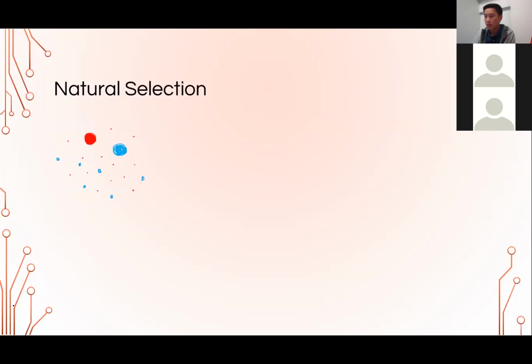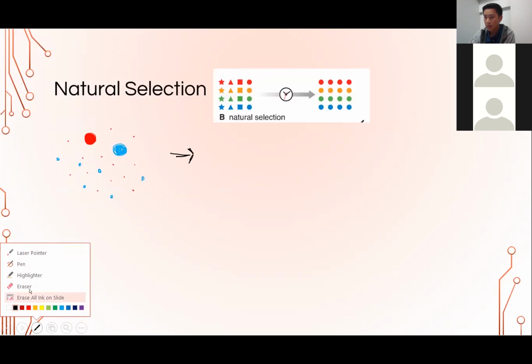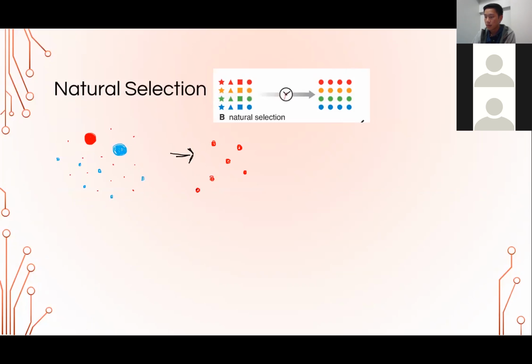So what's going to happen is that all the blue organisms are going to be eaten by the predator, only leaving the red organisms, because the red were able to blend in with the red background of our PowerPoint.